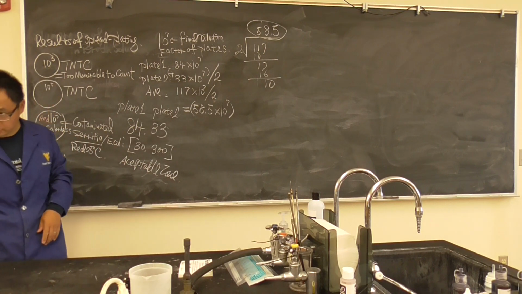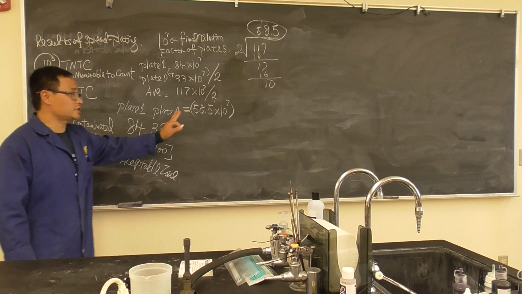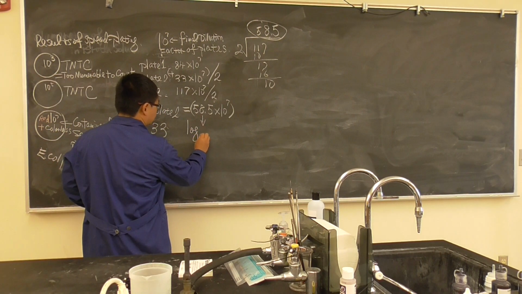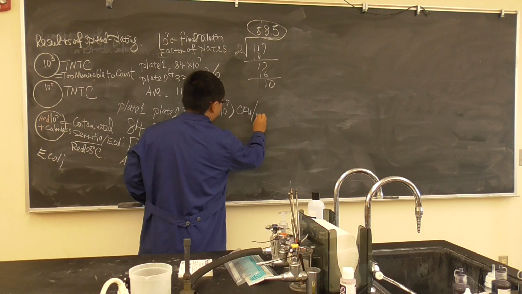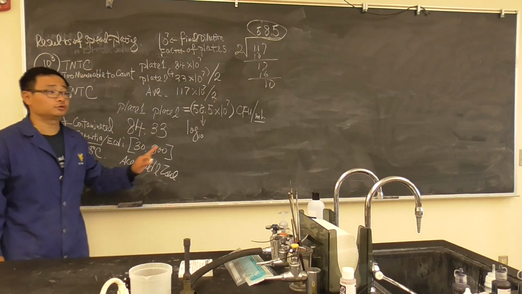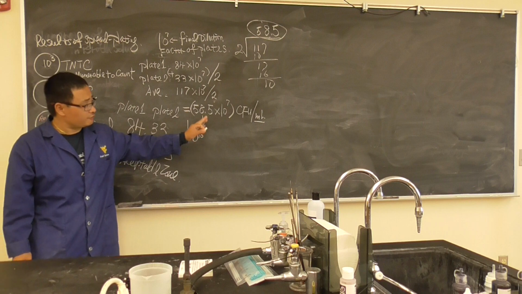Now here's something we want to say. In the microbiology area, this number needs to change to log 10. By the way, this is CFU per ml. This is per ml, this is not the whole tube. If the whole tube, you have to multiply by 10. That's CFU per ml.